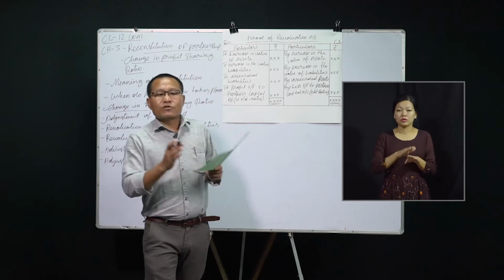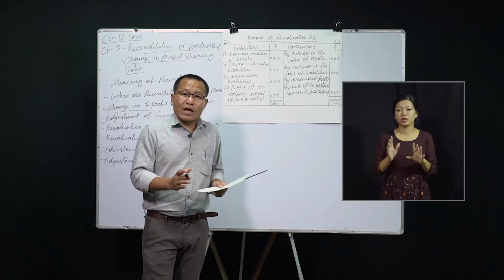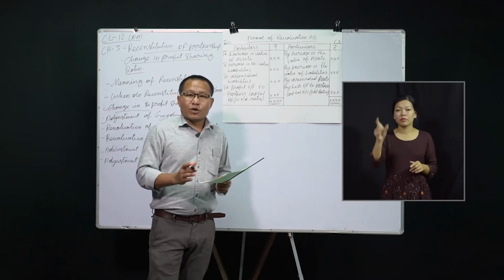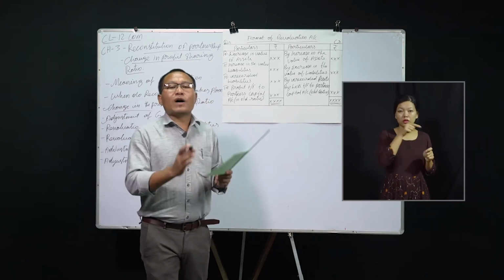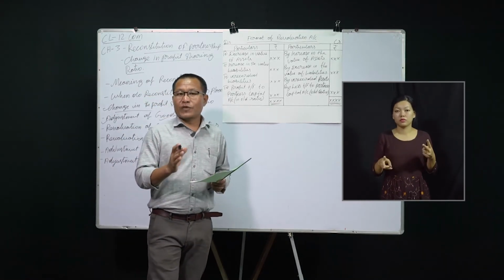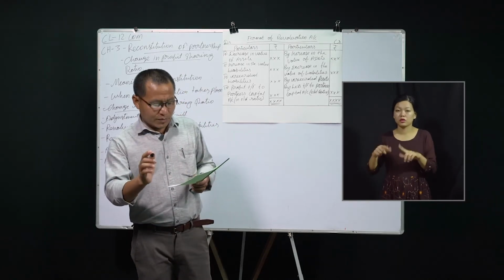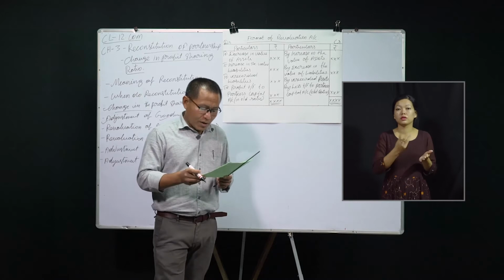When the partner retires or when the partner is admitted, we will have to revalue assets and liabilities to find out their correct value, so that you get the correct profit and loss to be distributed among the partners.